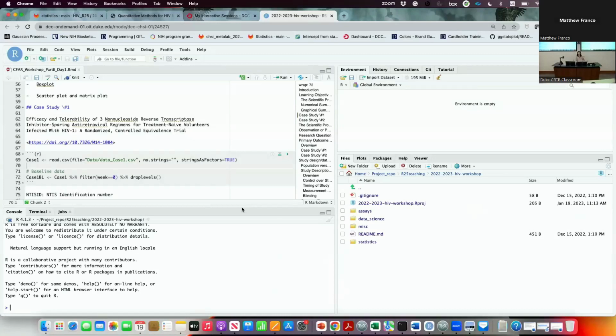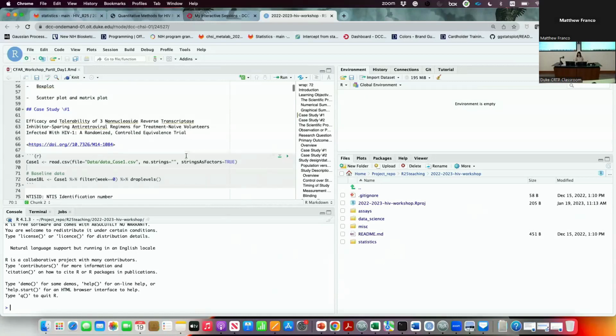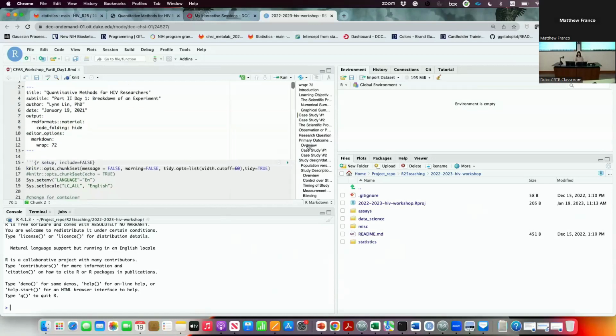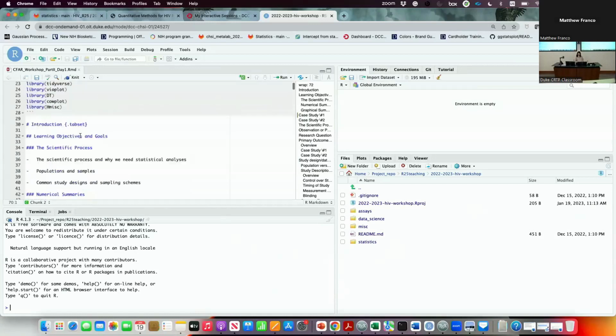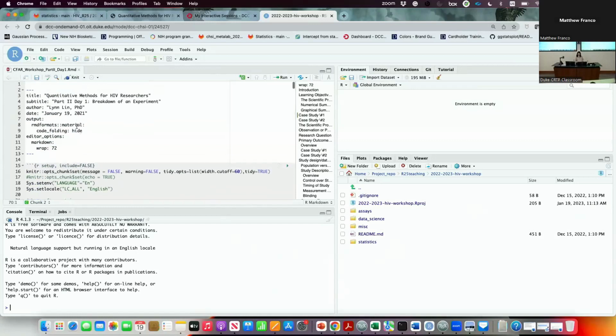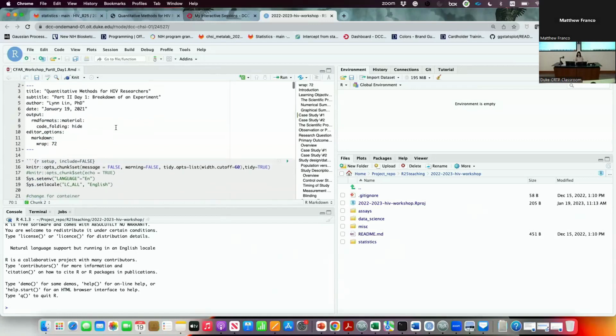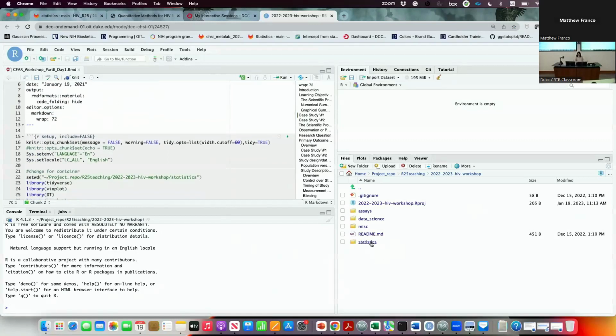If you have any questions, just raise your hand so Richard can help. Okay, if everyone has already opened that, you can see this is our code for this lecture. Then, do you have this statistics folder, by the way?